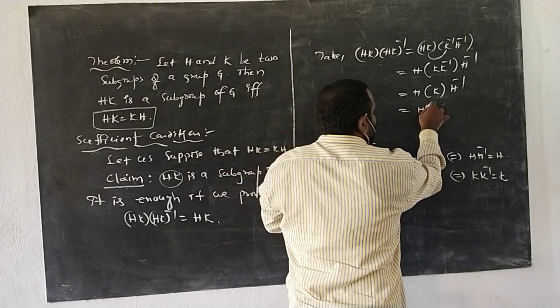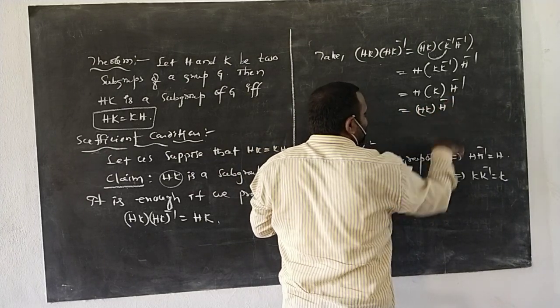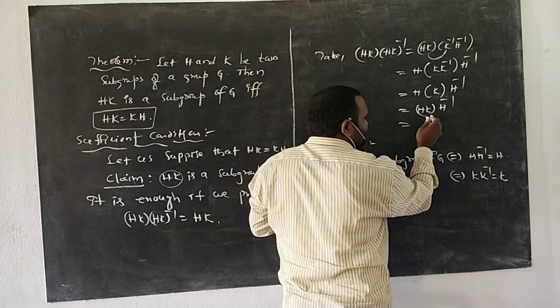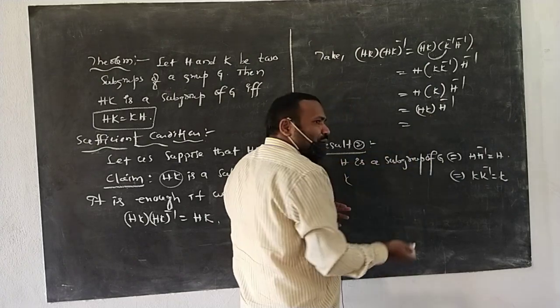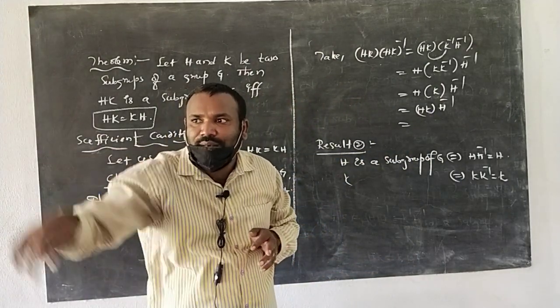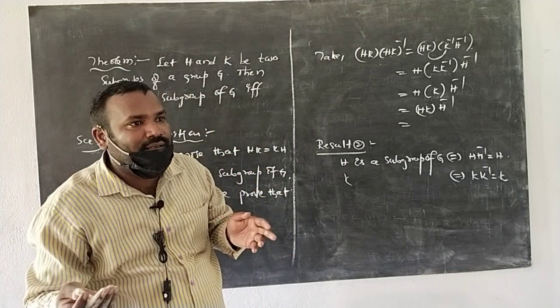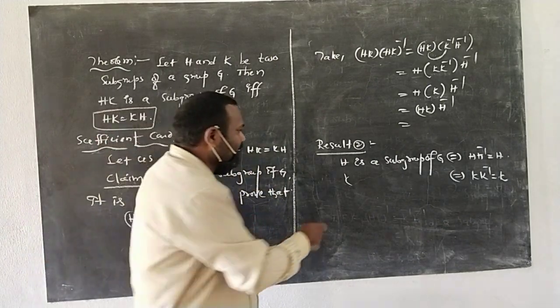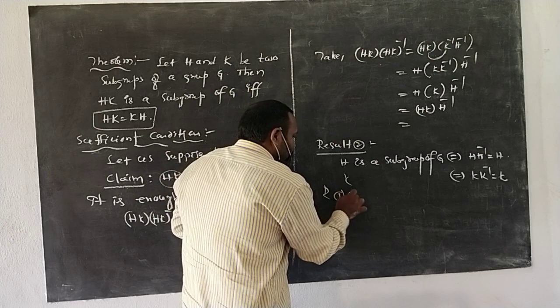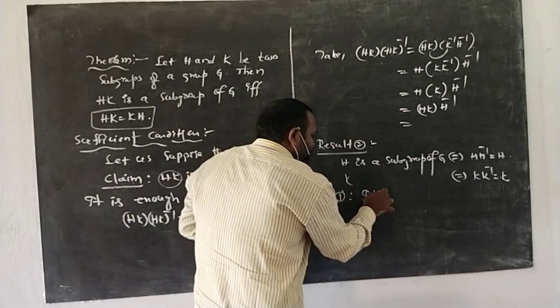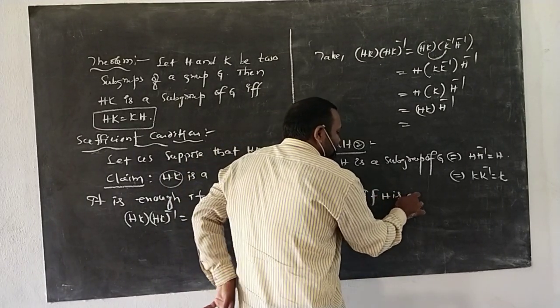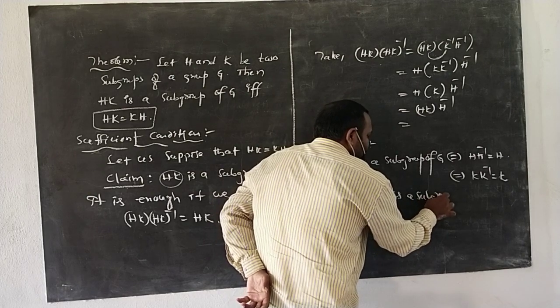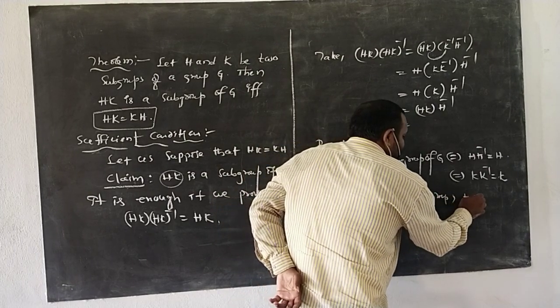Then we get K into H inverse. This can be written as HK into H inverse. Again HK equal to what? HK is a subgroup. What is result 1? If H is a subgroup, then H equal to H inverse.